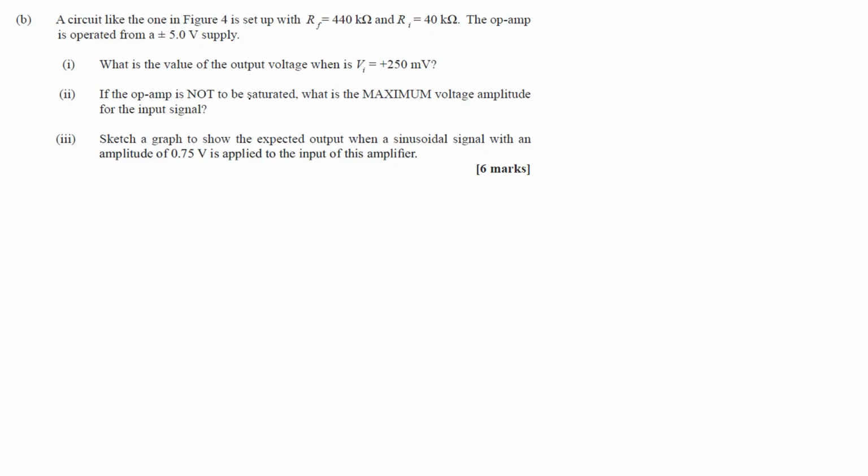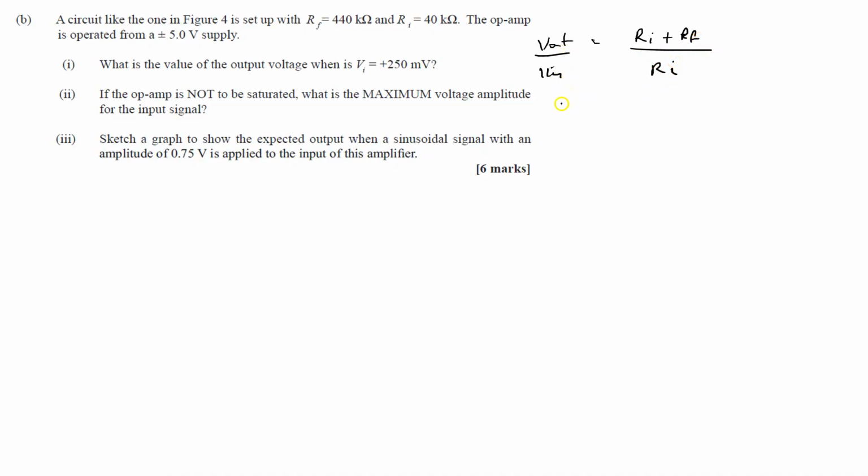Now the question is, what is the value of the output voltage when the input voltage is this amount? So what we simply need to understand is that V out upon V in is equal to R1 plus Rf divided by R in.